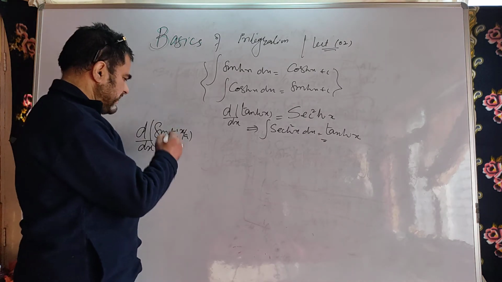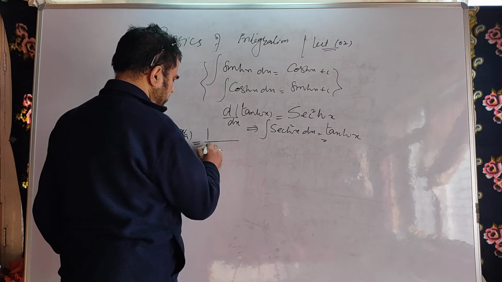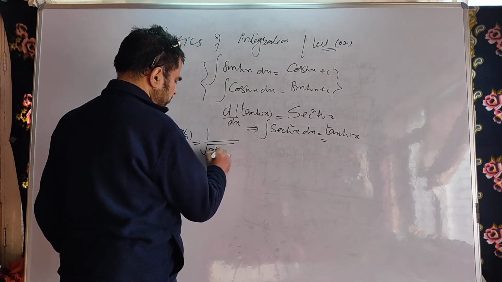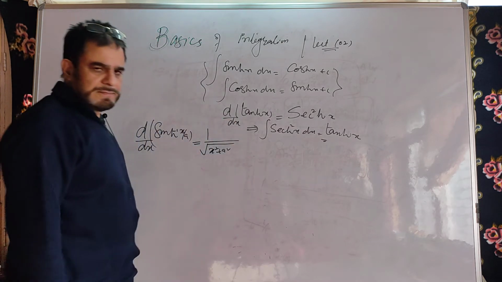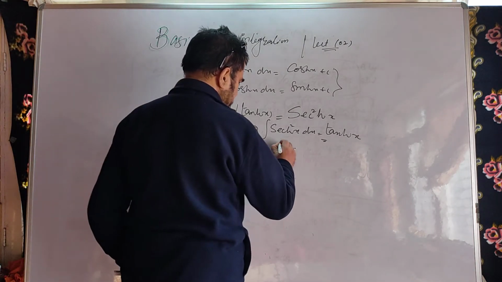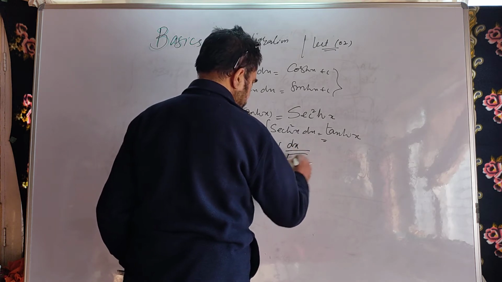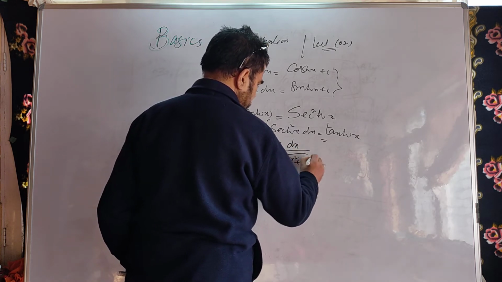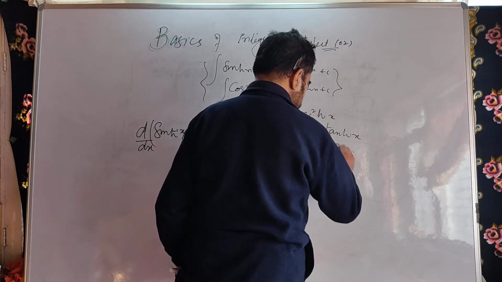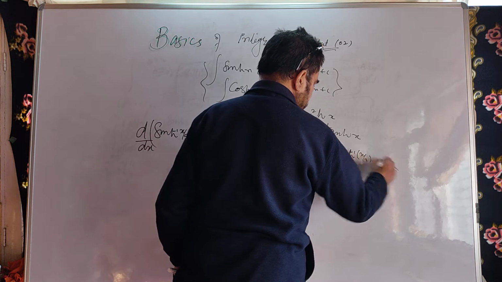So we will remember its differential will be 1 by under root of a square minus x square. So remember this now, that integral of dx by root of a square minus x square, you will write it as sin inverse x by a plus c.